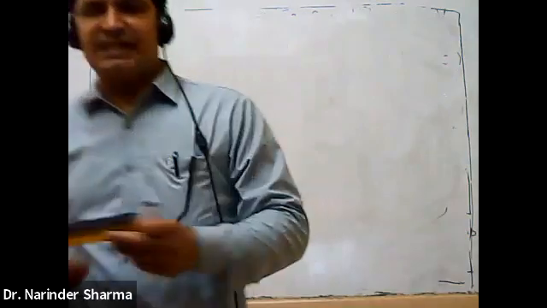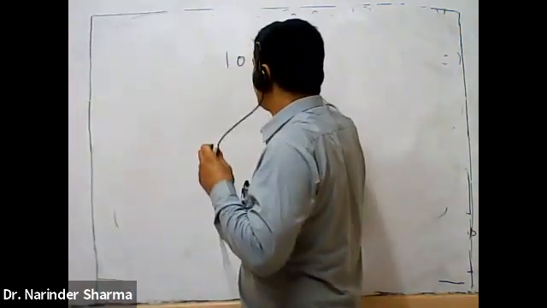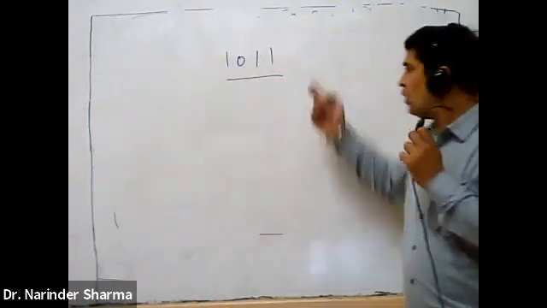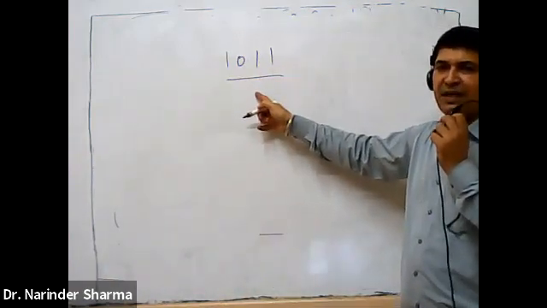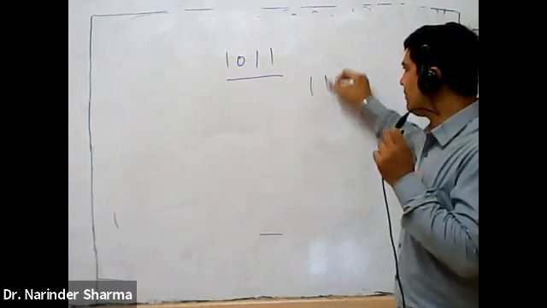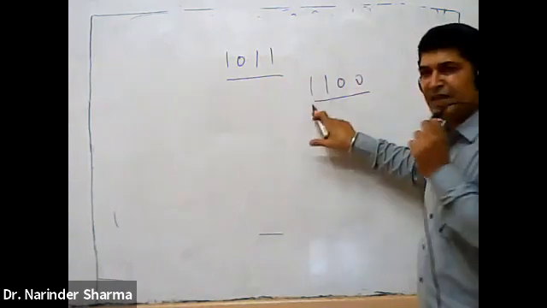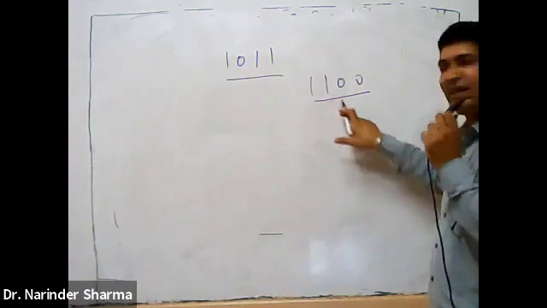How can you see that there is a parity? If I write this number, and the ones are odd, it means odd parity. If I write this number, the ones are even, it means even parity.